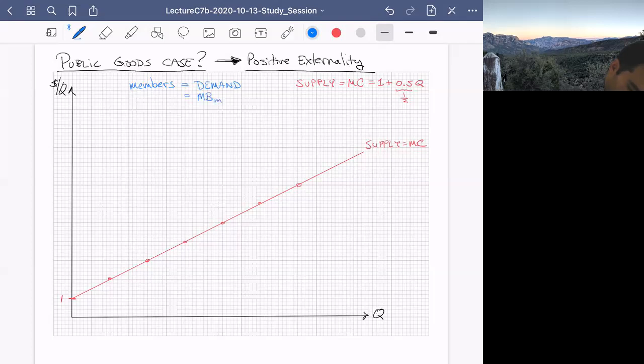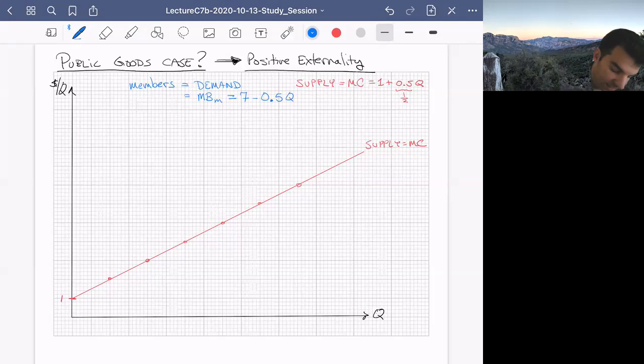So I'll say the marginal benefit to the members is equal to, I don't know, we'll say 7 minus 0.5Q again.